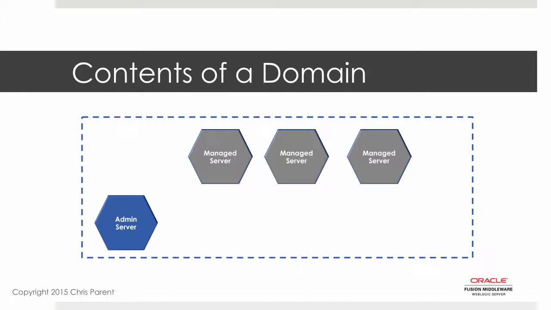I say 0 because it is entirely legal to have a WebLogic domain with just a single admin server, though I would only recommend this for development environments. This is typically what you see when you install WebLogic and create a domain for the first time. A default WebLogic domain contains just an admin server, and that's perfectly normal for development type activities. But in a production system, you would create managed servers and offload your application processing to those managed servers.